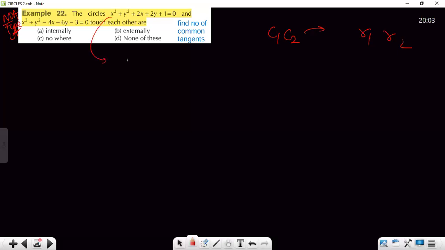Okay, so the center here is (-1, -1). Radius is the square root of 1 square plus 1 square minus 1. So the radius is 1 for the first circle. Now, is this thing clear, how I have written the center and the radius from the general equation of a circle?